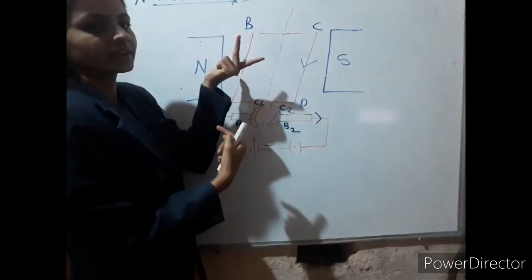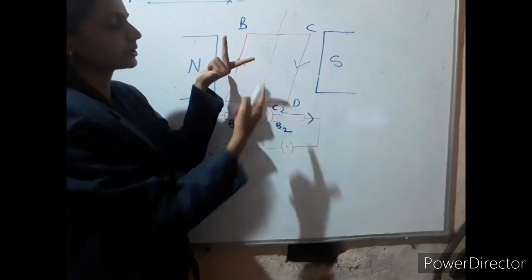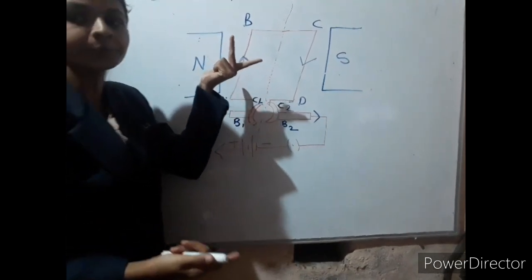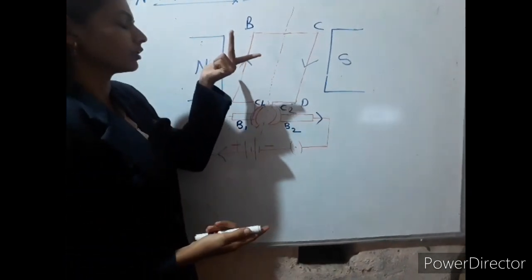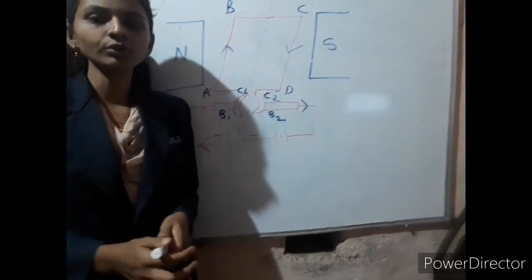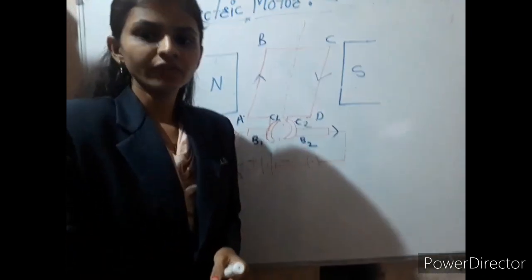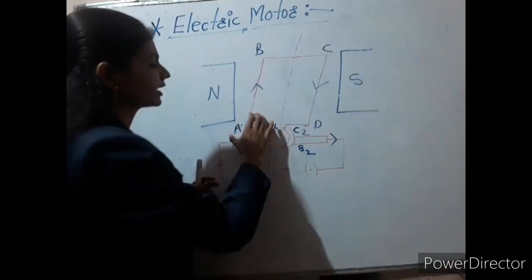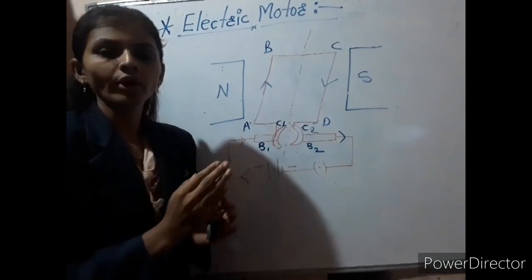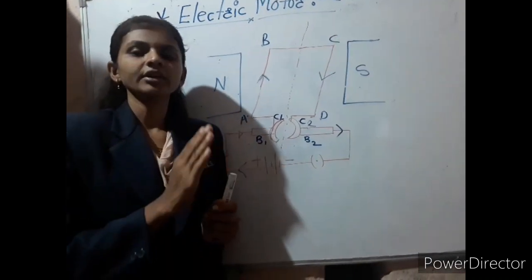The middle finger indicates the direction of the current, and the index finger indicates the direction of the magnetic field. Through Fleming's left hand rule we can say that in the first case, when the current flows from A to B, the coil rotates downward.